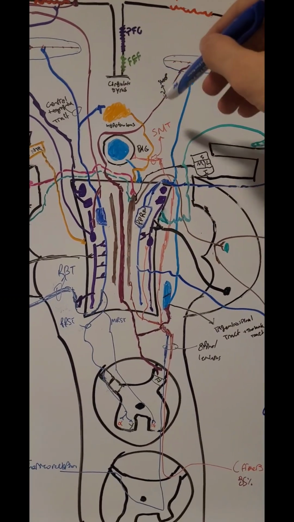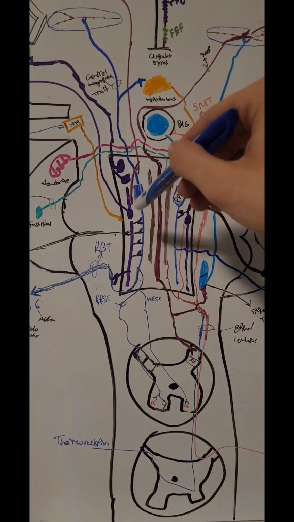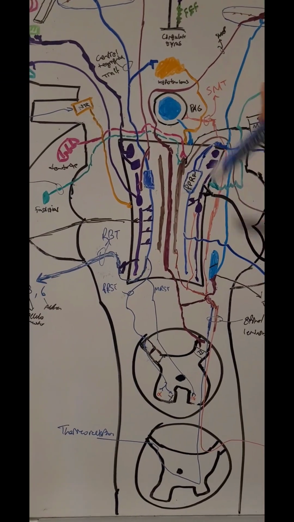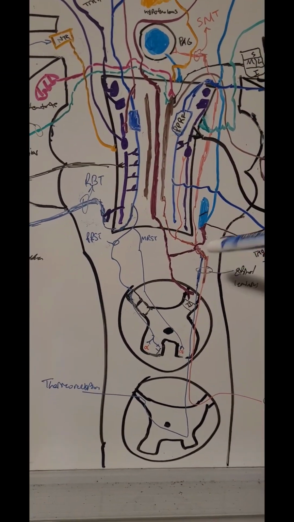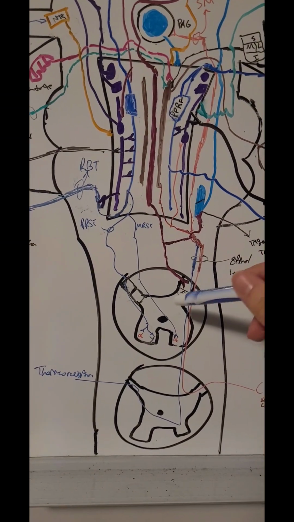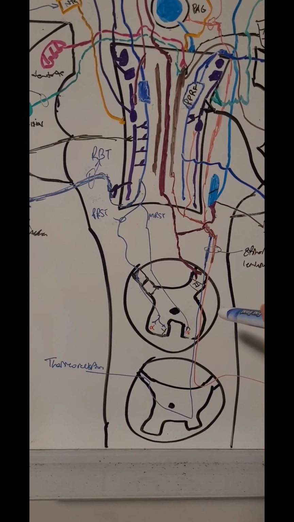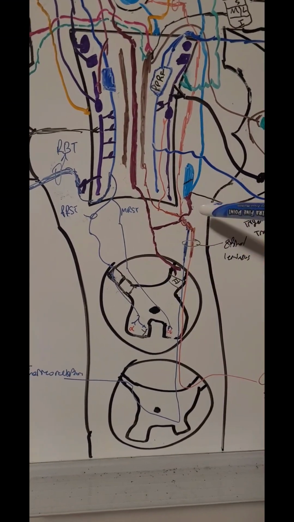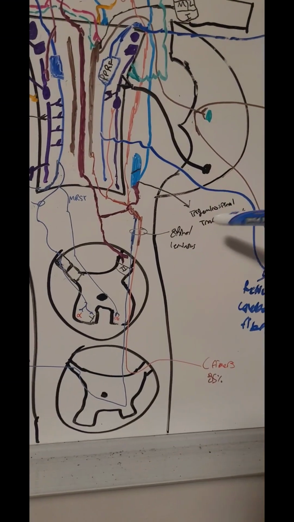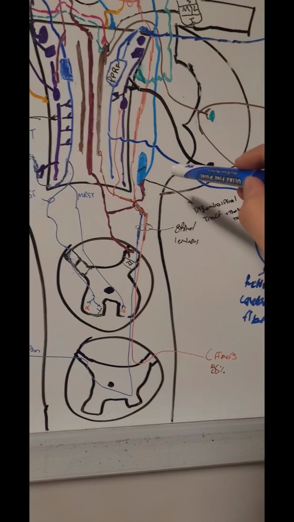It's sleep related, and that's from the median zone. But it also has descending fibers that go down to Rexed lamina 2 in the dorsal spinal cord, and therefore pain modulation. So you can take a look at this. It goes here, but it can also go to the trigeminal spinal tract and the thalamic tract.